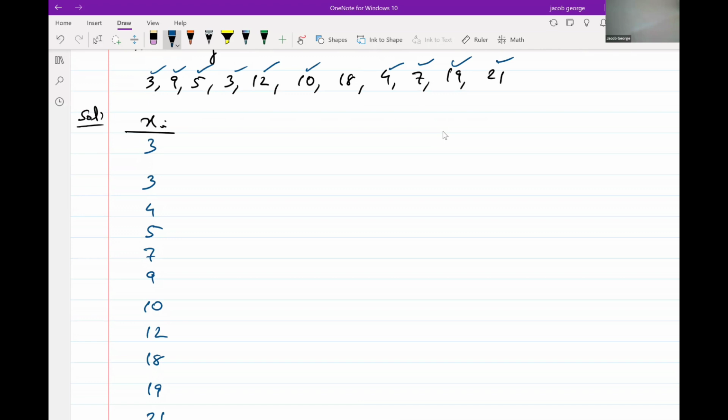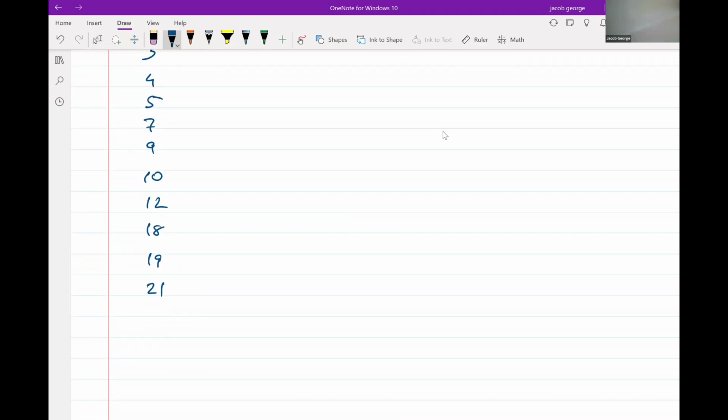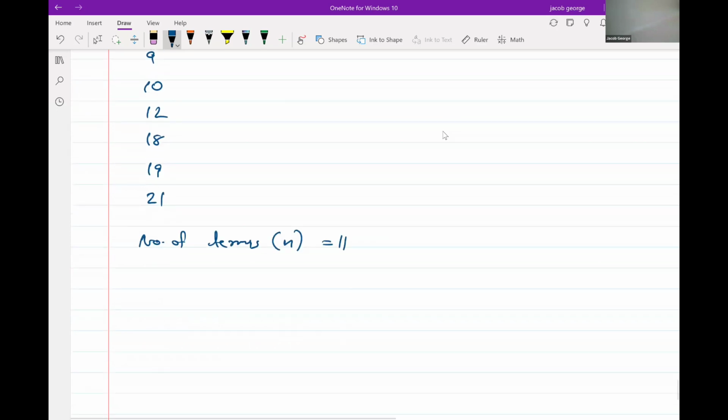What is the number of terms? How many terms are here? 11 terms. Then below this, I calculate the median. Since there are 11 terms, the number of terms n is equal to 11. When the number of terms is odd, the median capital M is equal to the (n plus 1) by 2th term.